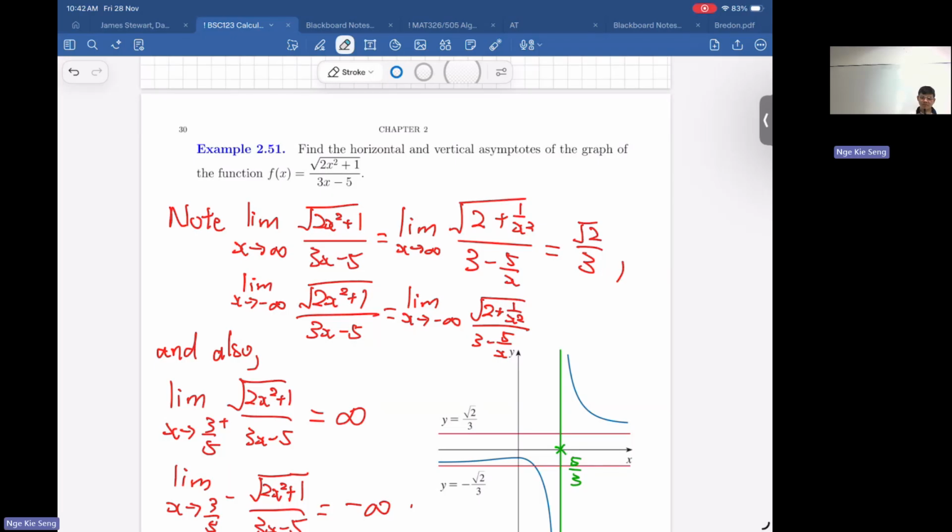Then if we take x going to minus infinity, let me think. What's wrong here? So what did I do here? Let's check. So what I did was I divided by x squared over x squared here, right?